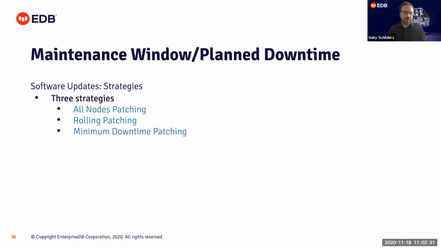So to update software, there are three strategies. You can do all nodes patching, you can do rolling patching, and you can do minimum downtime patching. And since we're talking about HA, the all node patching strategy is usually applicable if you have a service window where downtime doesn't matter.